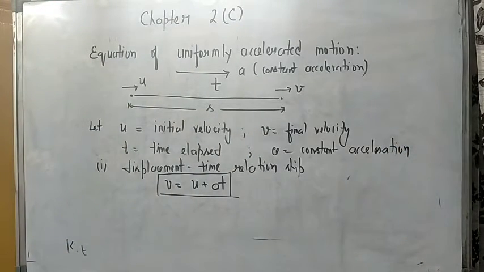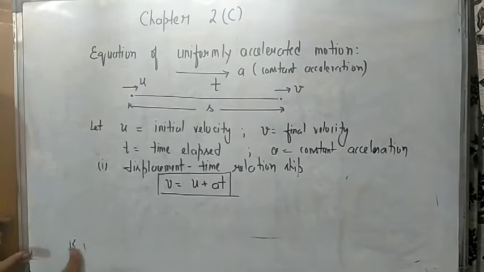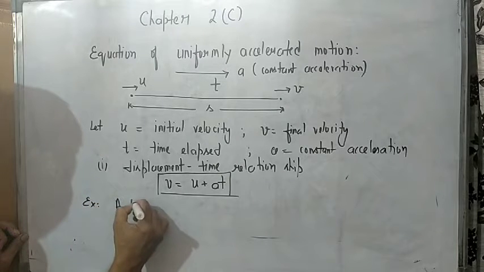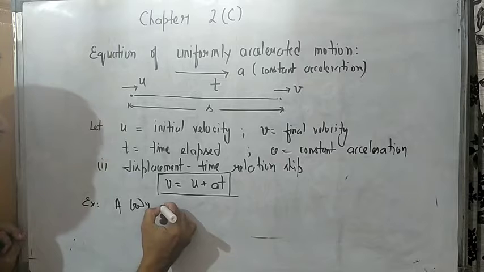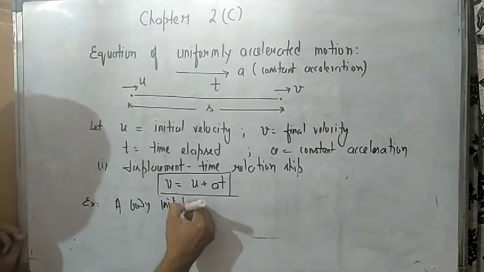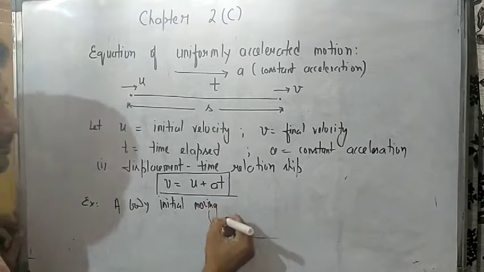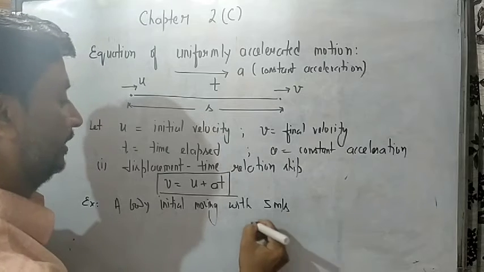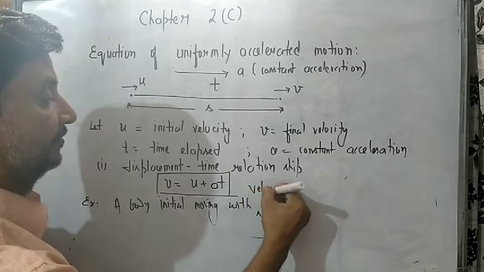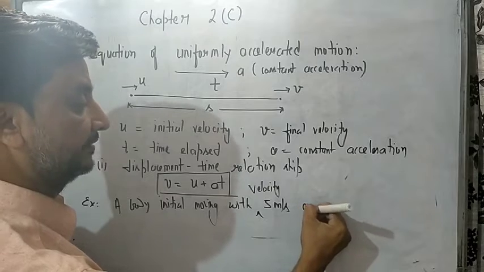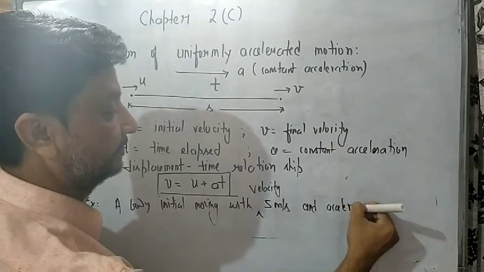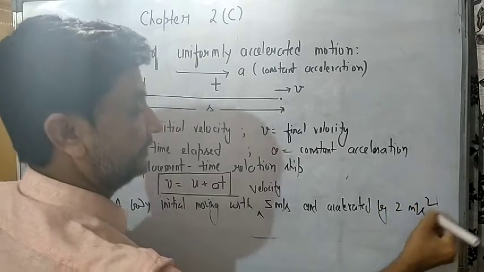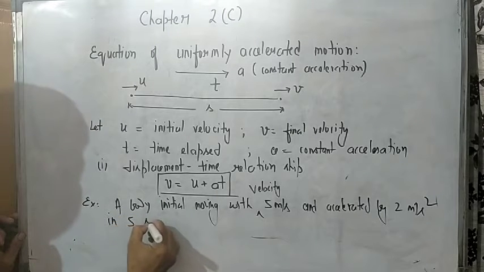Let me explain this equation by a simple numerical. For example, a body initially moving with velocity 5 meter per second is accelerated by 2 meter per second square for 5 seconds.